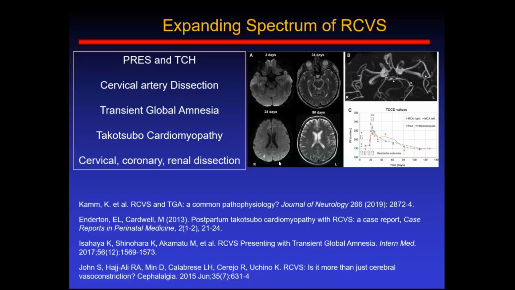I think it's possible that Takotsubo might also be caused by vasoconstriction of coronary arteries, and in rare cases, you might see both in the same patient. What's really important to note is that RCVS is almost 95% of the time, maybe more, restricted to the intracranial arteries. Systemic affliction is quite rare and is reportable.